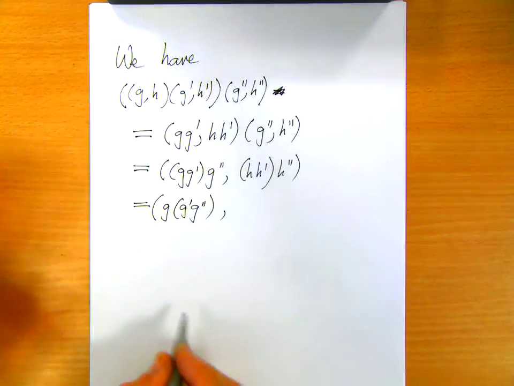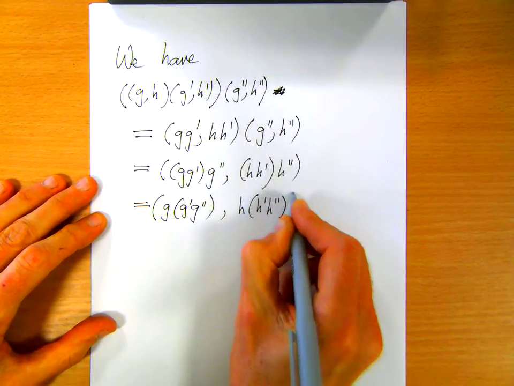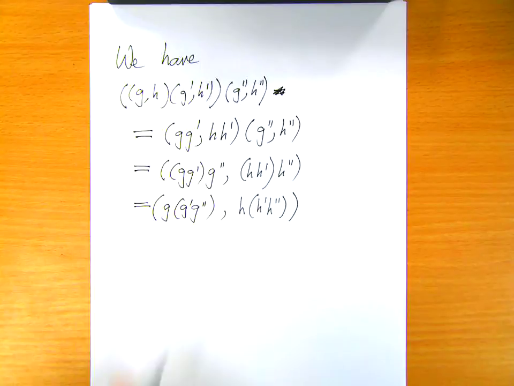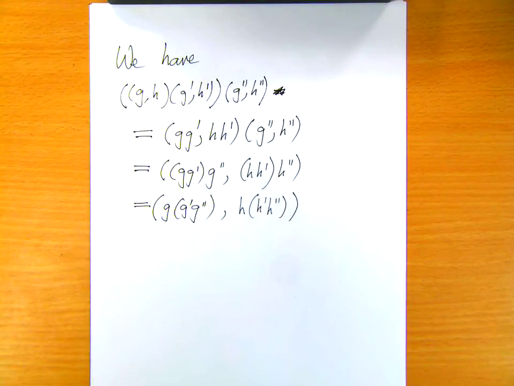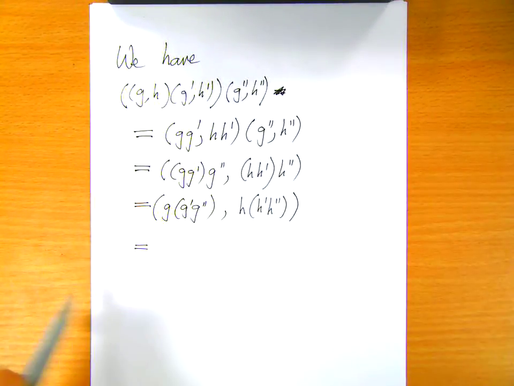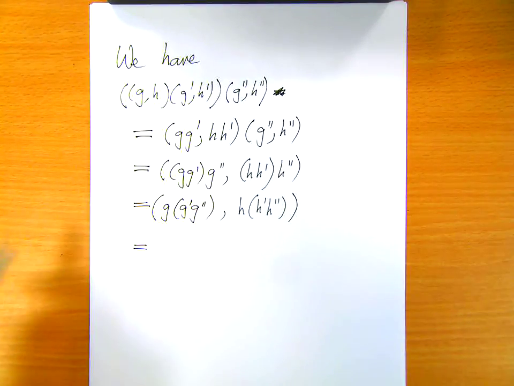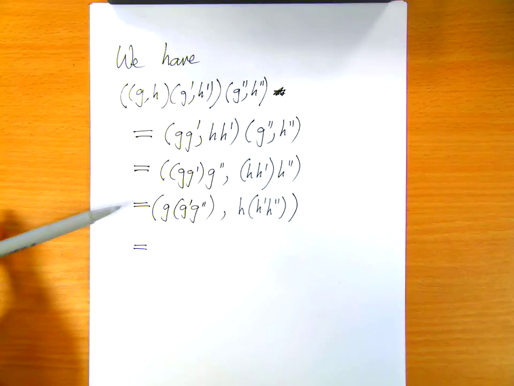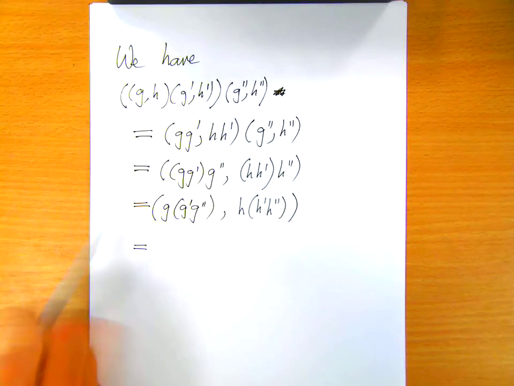And similarly for the second slot, so that's using associativity in G and using associativity in H. And now, as we've done once or twice in proofs of this flavour, we come in one way and then we come out in reverse. So now we're in the middle, and we're going to come out backwards.